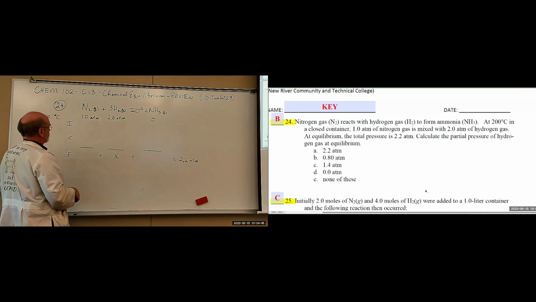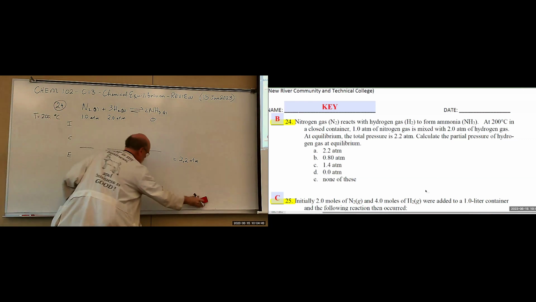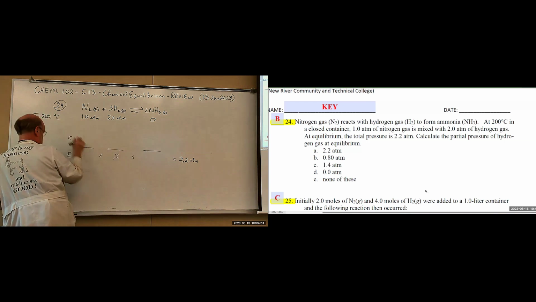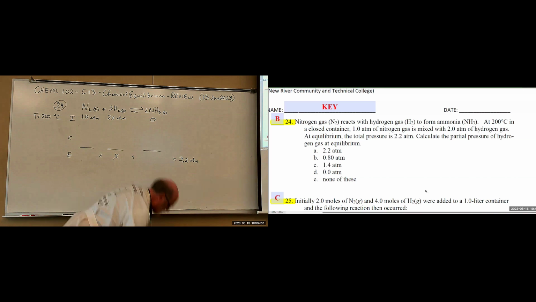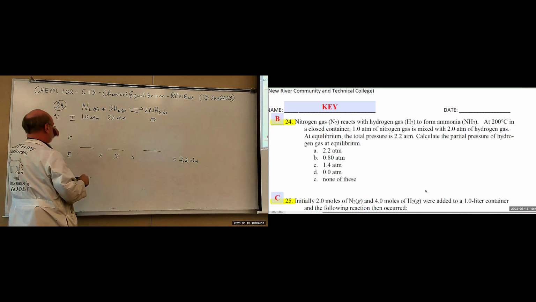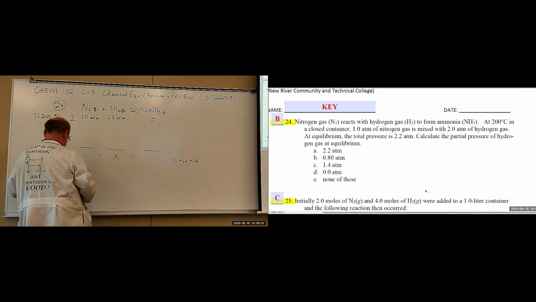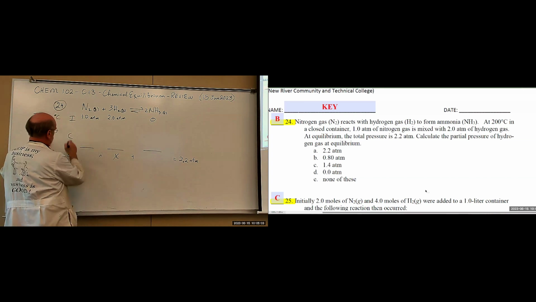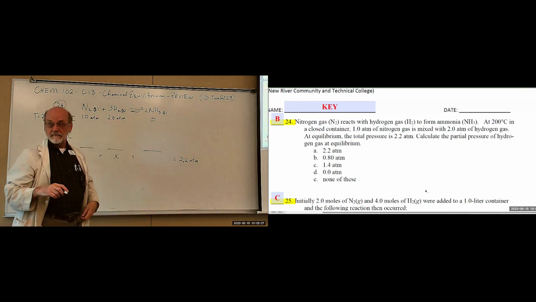All right, so what's going to happen? Well, if the initial amounts are 1 atmosphere and 2 atmospheres, what's the change going to be? It's going to move to the right, correct?